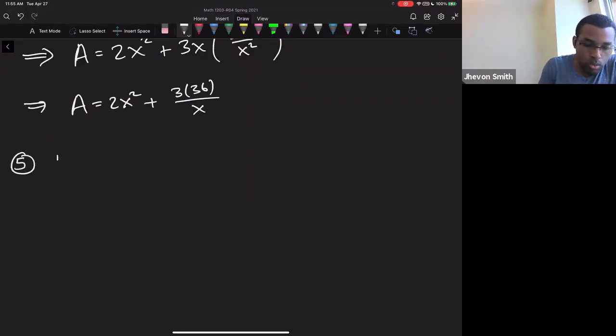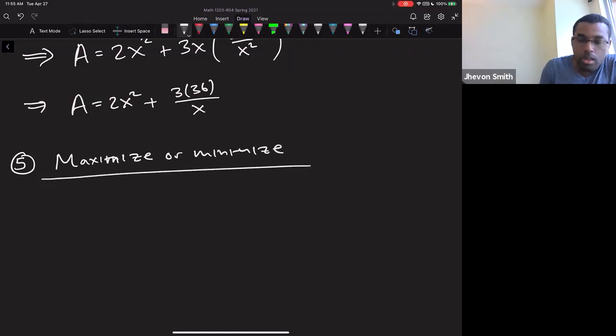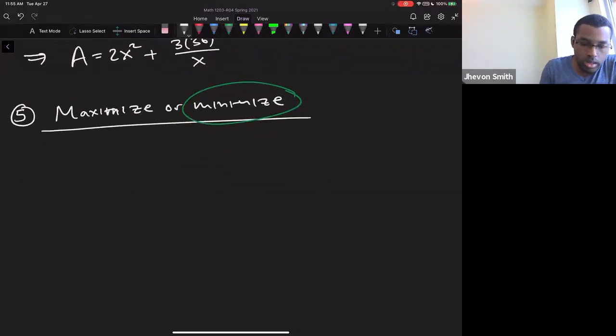Step 5 now, we're going to want to optimize, right? So you're going to want to maximize or minimize. In this case, we want to minimize, right? So what you're going to do here is you're going to set A prime equals 0 or undefined.